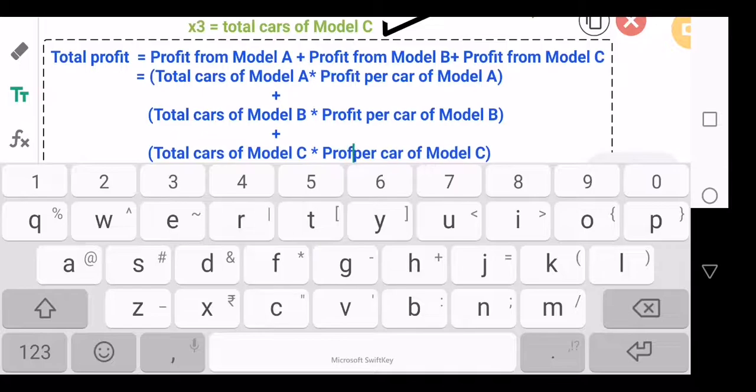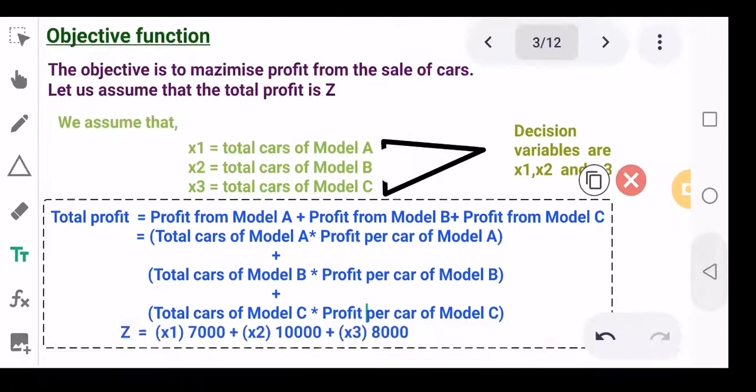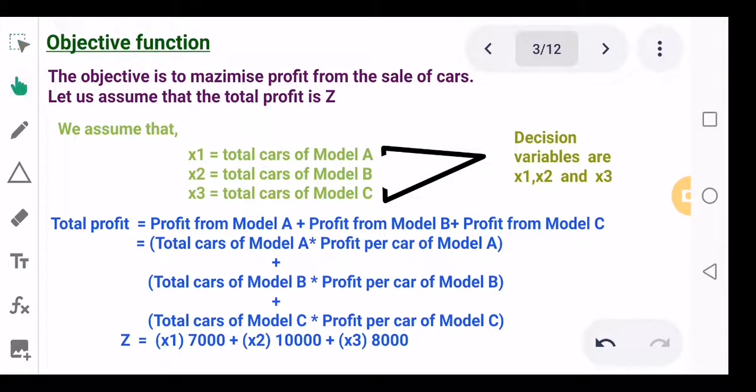As we read, profit per unit is given, but they have not given us the quantities of cars that we have to produce, because that is what we need to find out. So we don't know the total cars of Model A, Model B and Model C. We will be replacing these by x1, x2 and x3. X1 will be the total cars of Model A, X2 will be the total cars of Model B, and X3 will be the total cars of Model C.